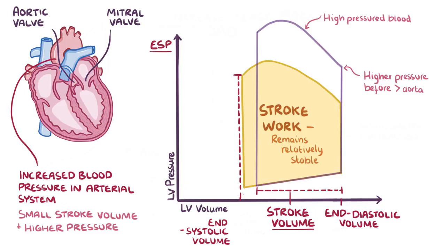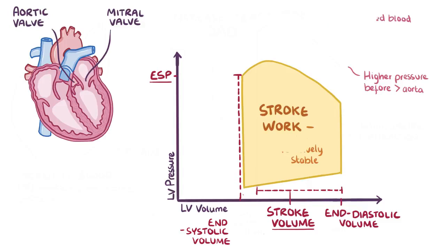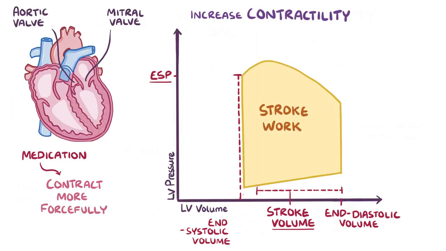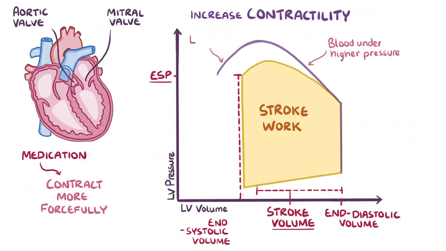So we've tried out two changes. Let's go for one last change and up the contractility by giving a medication that makes the heart contract more forcefully. Increased contractility means that during the ejection phase, the blood is under higher pressure, and so the ejection phase goes on for much longer. The ejection phase comes to an end when the left ventricular pressure is the same as the aortic pressure.